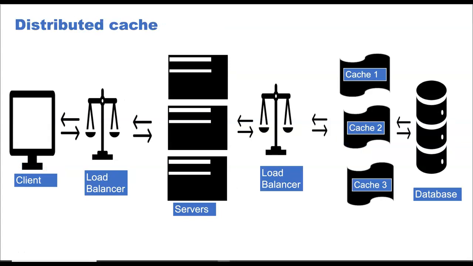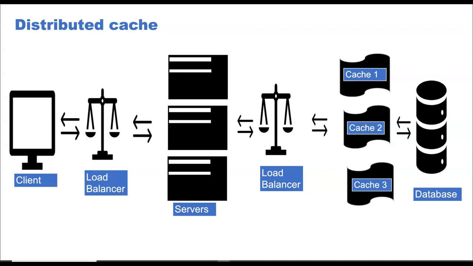To avoid the problems of the global cache service, the distributed cache concept came into picture. Here in the distributed cache, we have multiple cache services instead of a single global cache service. And the data inside the single global cache service is split into multiple cache services.